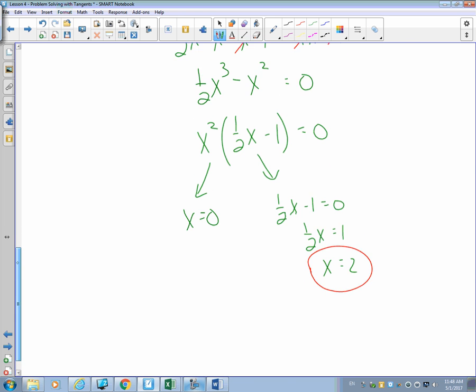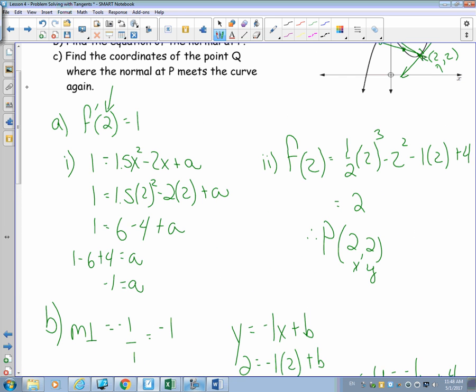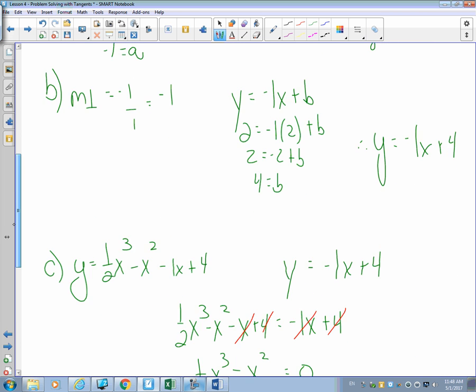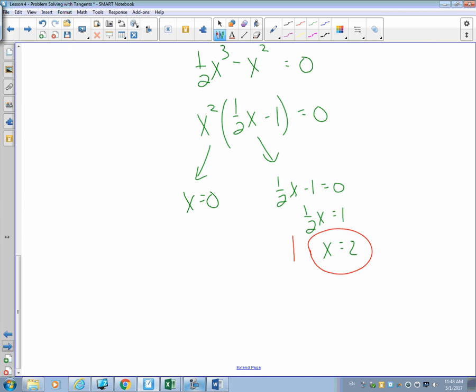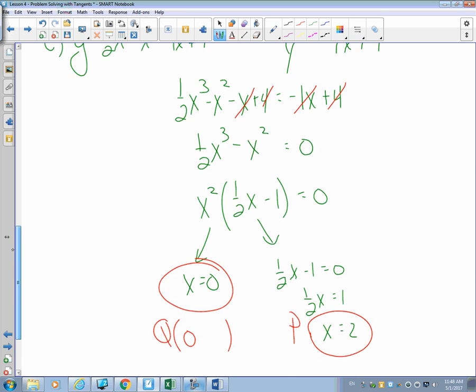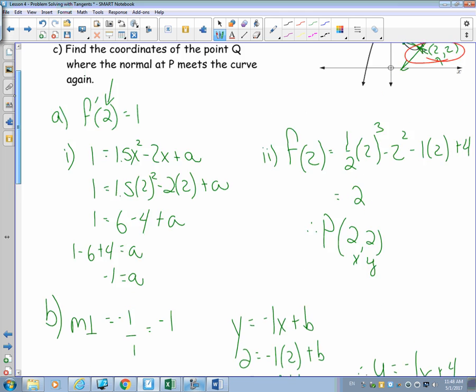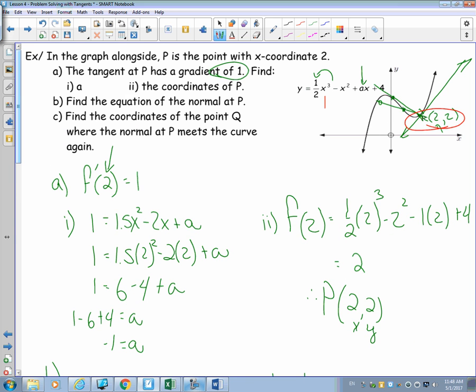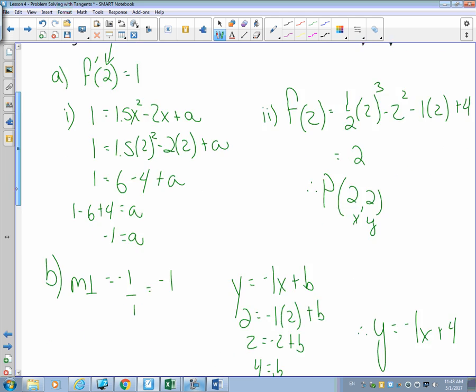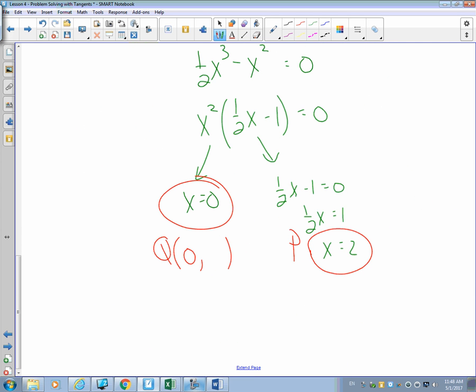At x equals 2, that's the point P. So the point Q must be the other one. This is P. This is Q. x = 0, and if I put 0 in to find the point, if I put 0 in for all the x's, I'll be left with 4. So Q is the point (0, 4).